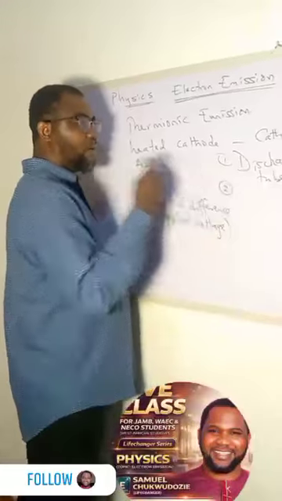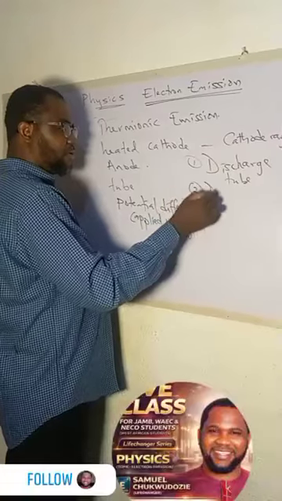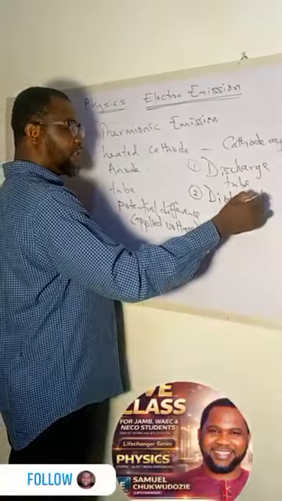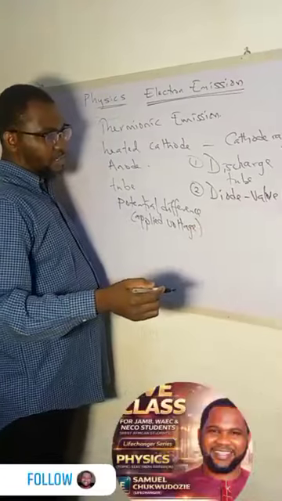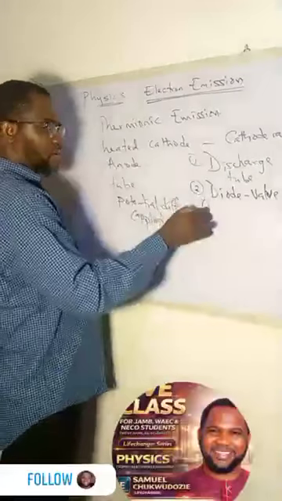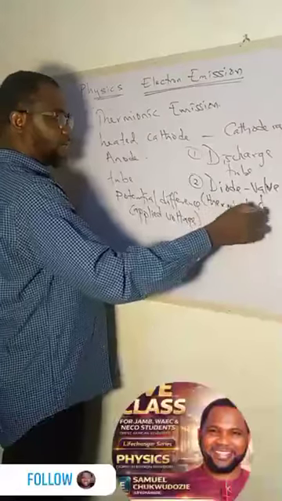Then secondly, we are going to be looking at what we call diode valve. I know you should have heard of this, diode valve, or what we call diodes, okay? You can also call them thermionic diode. It's part of what we are going to be looking at here.